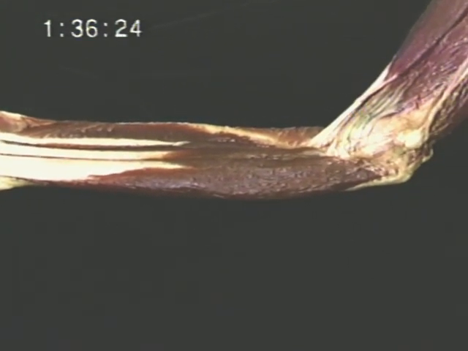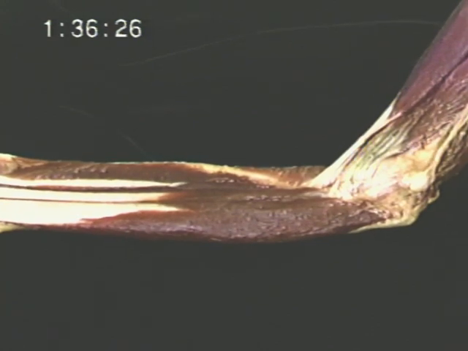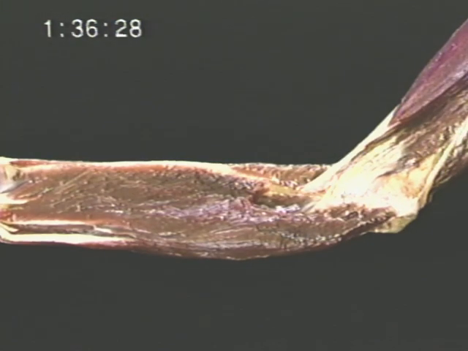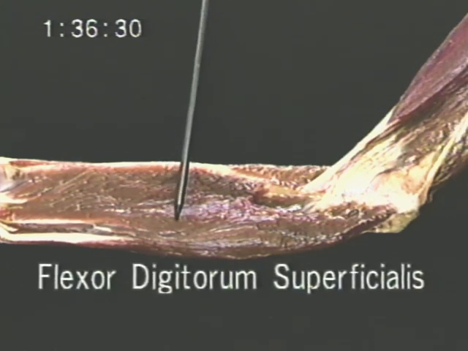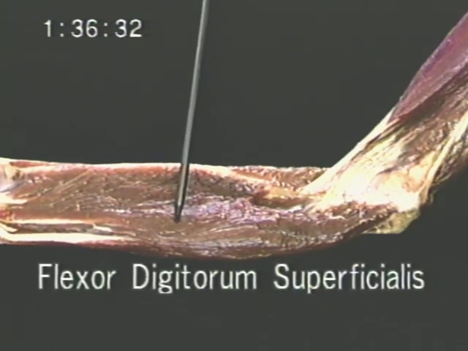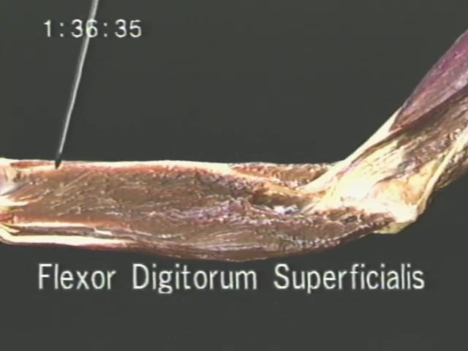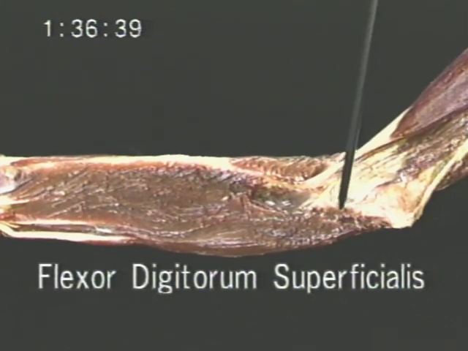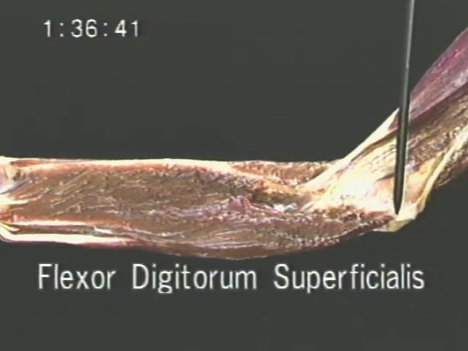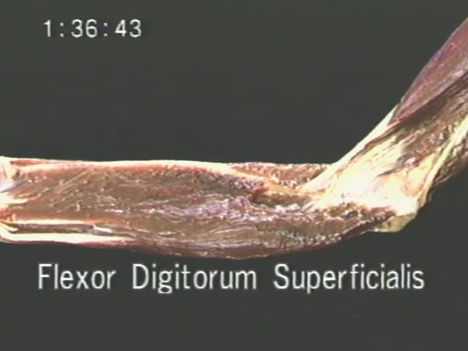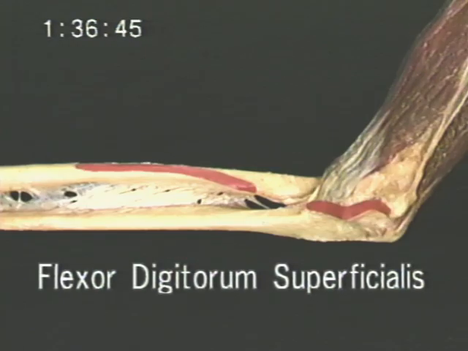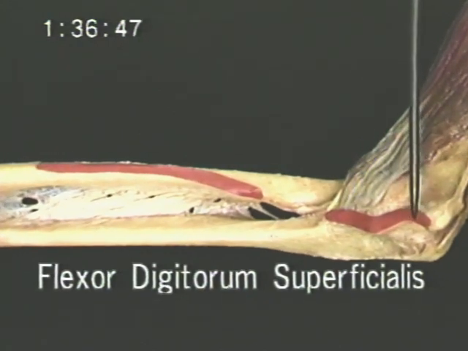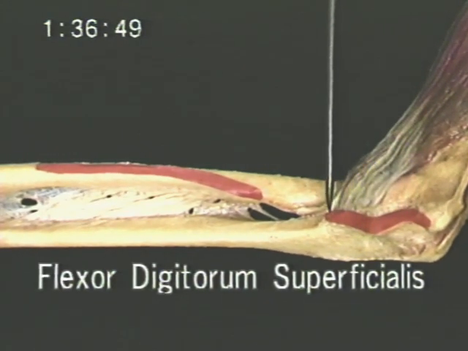Now let's add the superficial finger flexor, flexor digitorum superficialis, to the picture. Here it is. It lies right on top of the profundus. It has two heads of origin, a radial head and a humero-ulnar head. The humero-ulnar head arises as part of the common flexor tendon from the medial epicondyle of the humerus and also from the adjoining ulna.